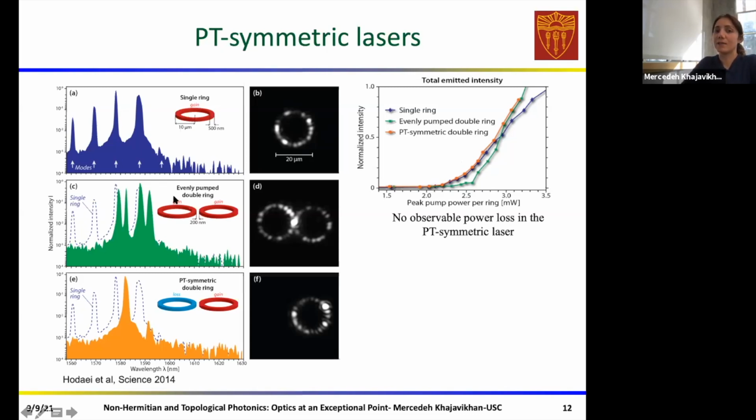That means that even though we are having loss in this system because we are not pumping one of these resonators here, that doesn't affect the system, because remember, the mode is reshaping and goes to the resonator with gain, and that's why you get all the energy to be here. So this mode doesn't even see the loss of this one, even though they are coupled. It's a little bit counterintuitive the way that it works, but that's how it works. So this is an indication of this behavior, that all these three systems have pretty much the same slope efficiency.